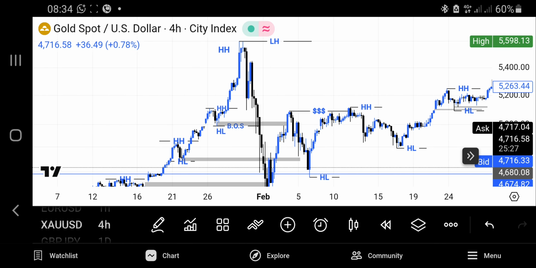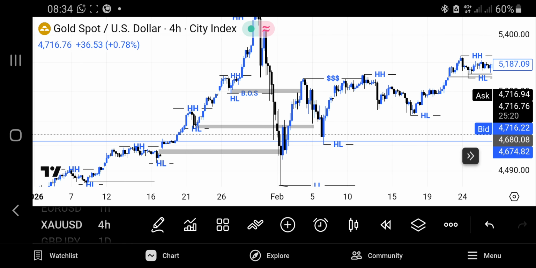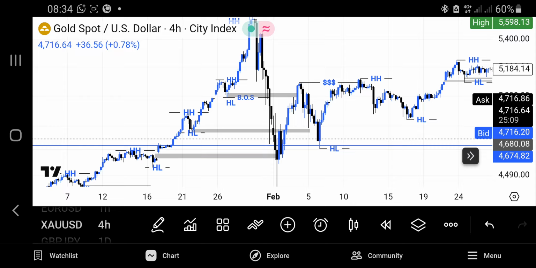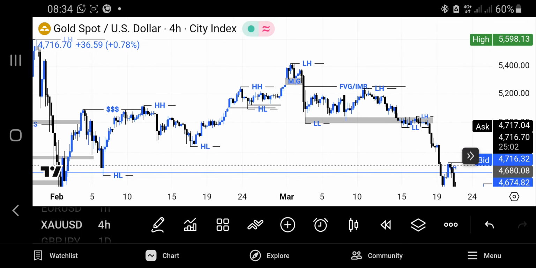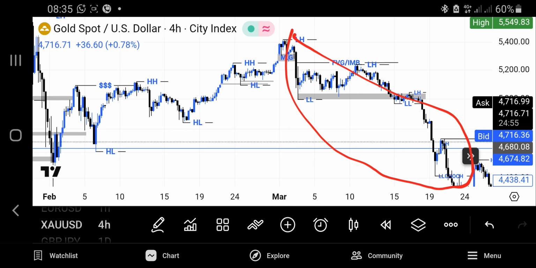When it fell aggressively, this was the point of aggressive fall. This whole move. So the aggressive sell, then trend change, and this is where the trend changed. The market started going up little by little. Get to this point as well. It fell as well.